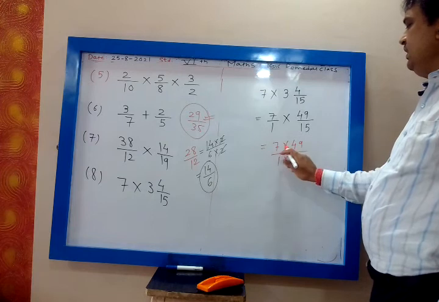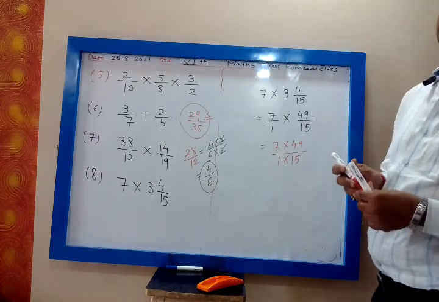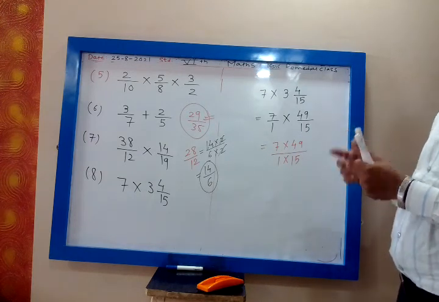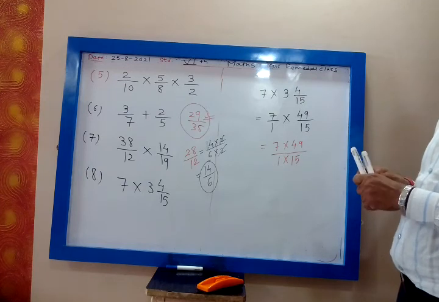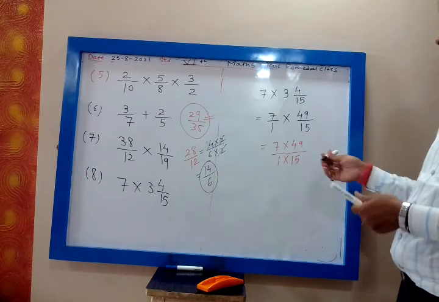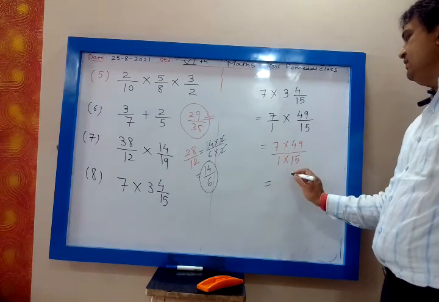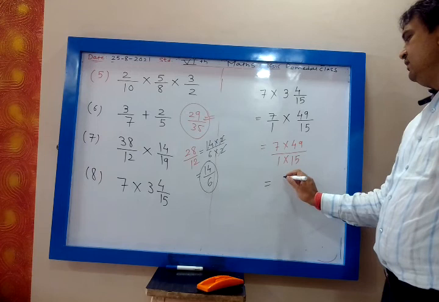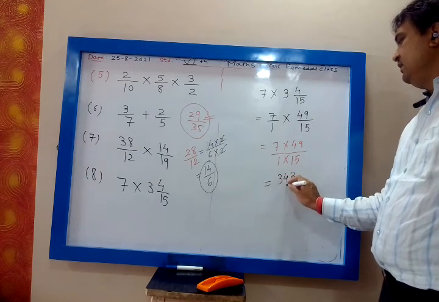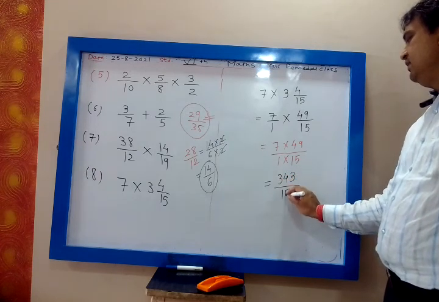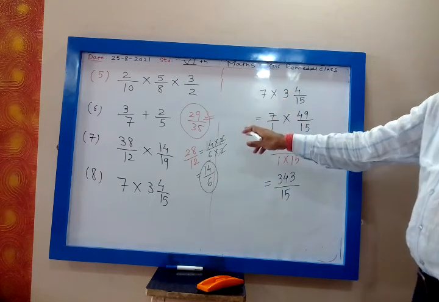Now 7 and 49 you cannot cancel because both are in the numerator. If one is in the numerator and one is in the denominator, you can cancel. But both are in the numerator, so we have to multiply. 7 into 49, 9 7s are 63, 343 upon 15. But the question is given as mixed fraction.